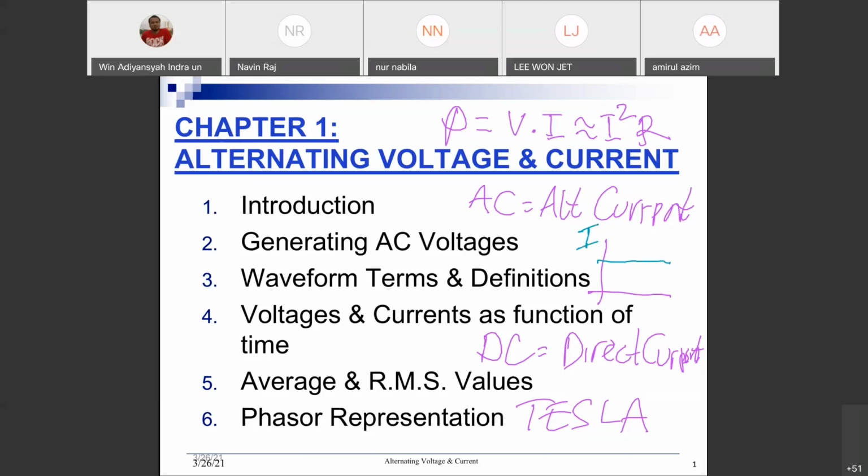This is I, this is time. So the current is constant every time. It remains the same.